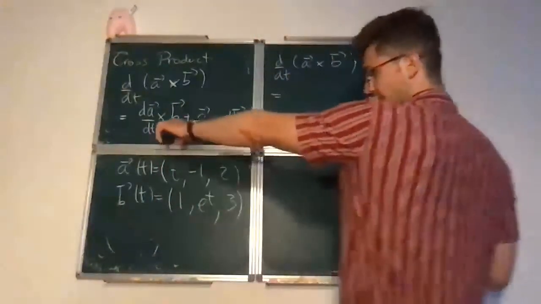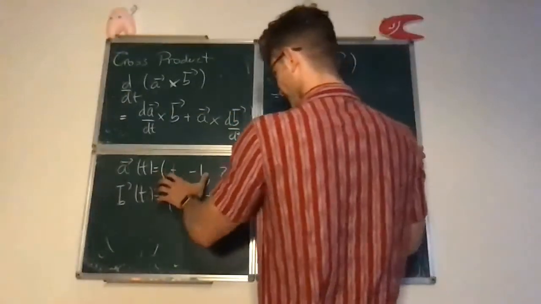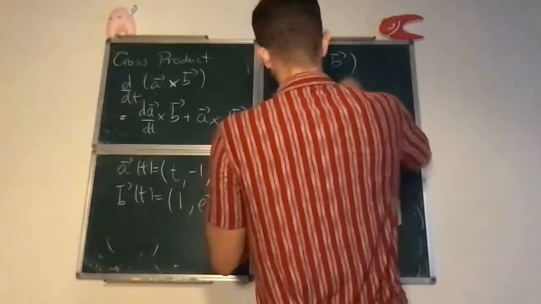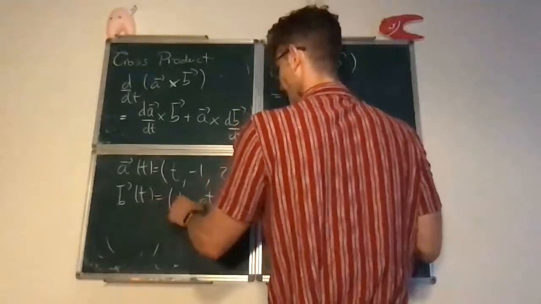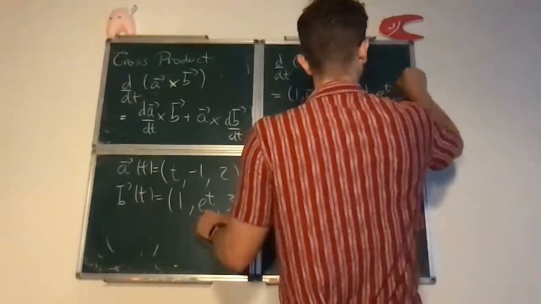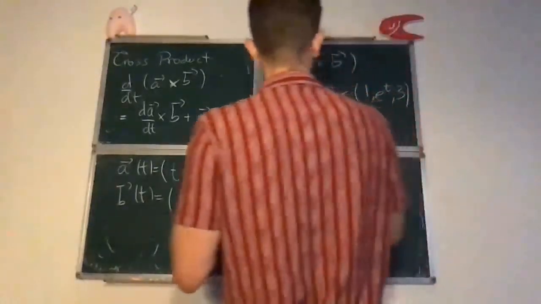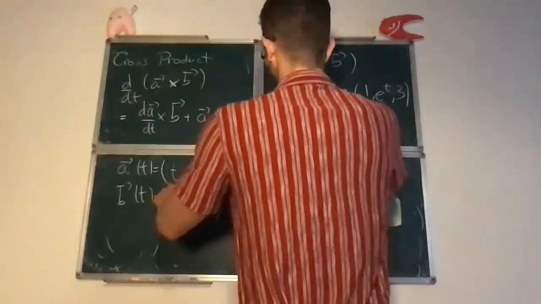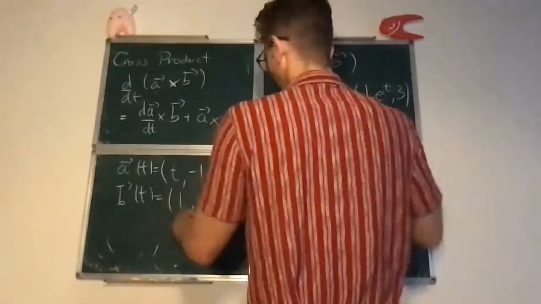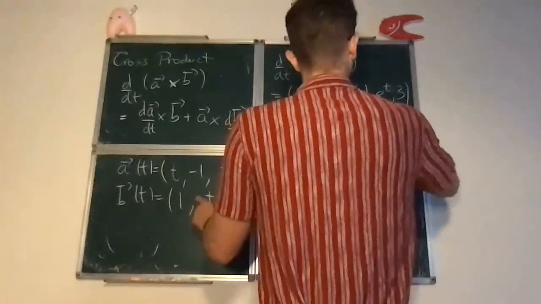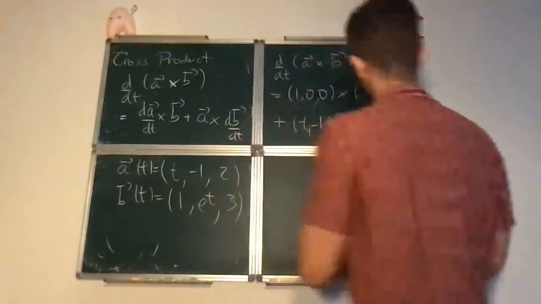So if you follow the recipe, you take the derivative of A, which is 1, 0, 0, cross B, which is 1, e to the t, 3, and then you would do A, which is t, negative 1, 2, cross the derivative of B, which is 0, e to the t, 0.